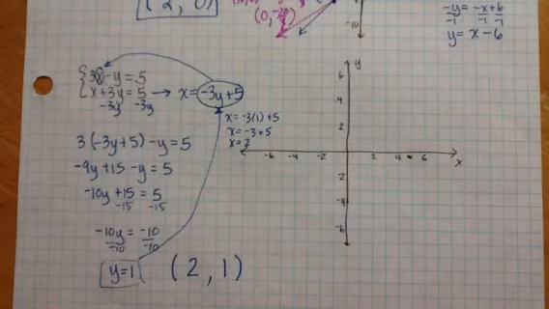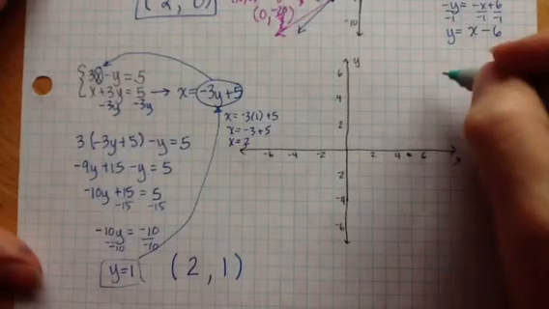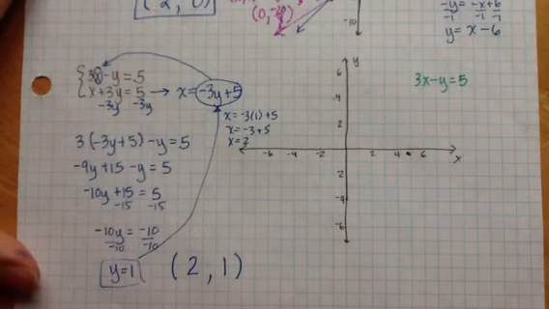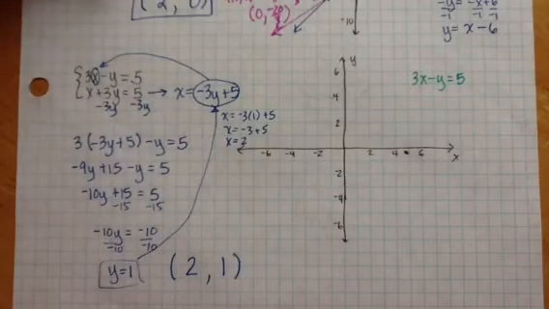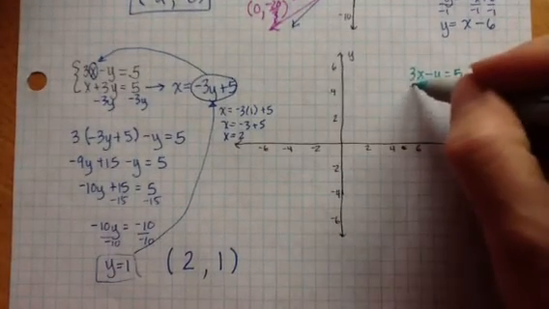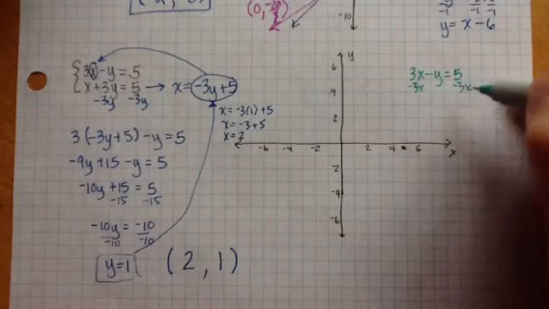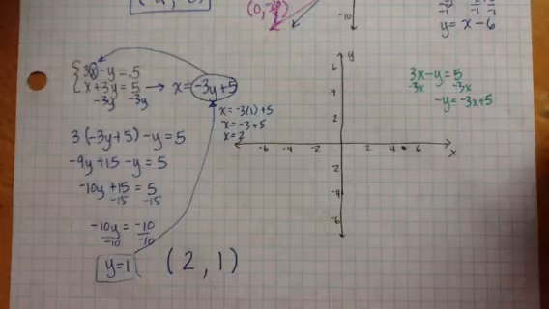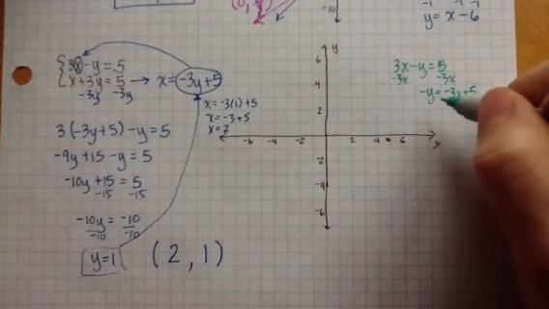So we will graph 3x minus y equals 5. And I think I'll graph that one using slope-intercept form. So I'll subtract 3x. That gives me -y equals -3x plus 5. Then I have to divide by -1.